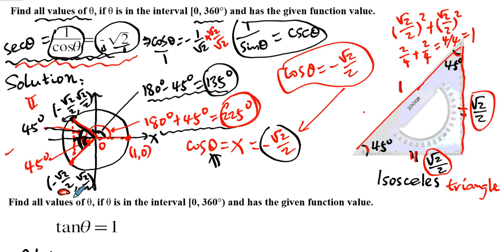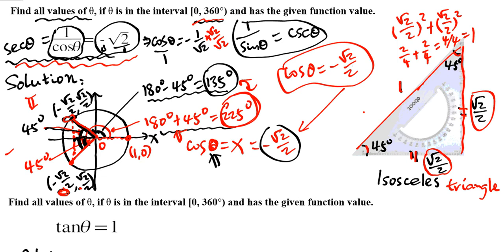But anyway, cosine theta is x, which is negative radical 2 over 2. So that's why there are two angles. One is 135, which is 180 minus 45. Another is 180 plus 45. That's the solution right here.